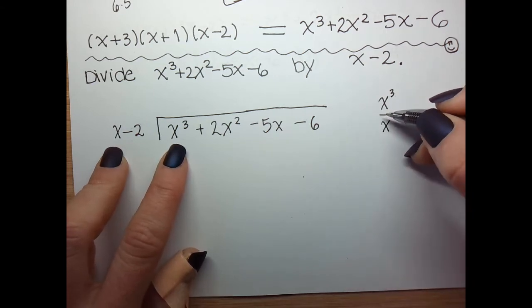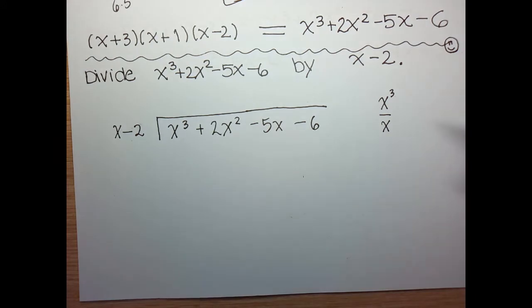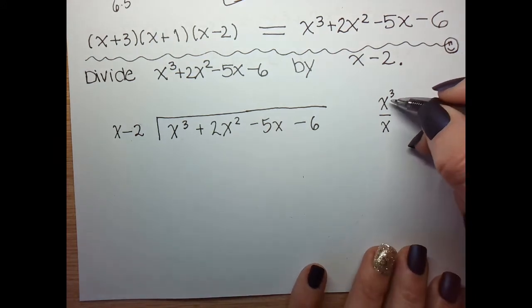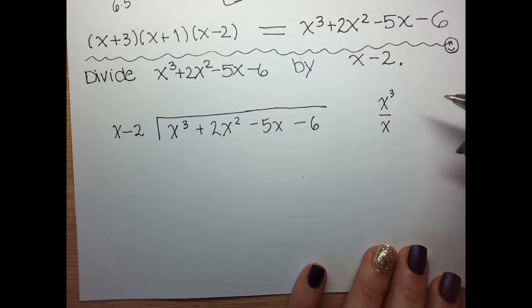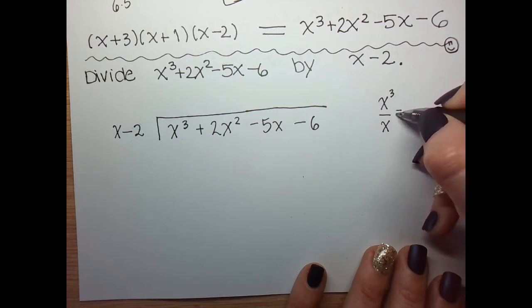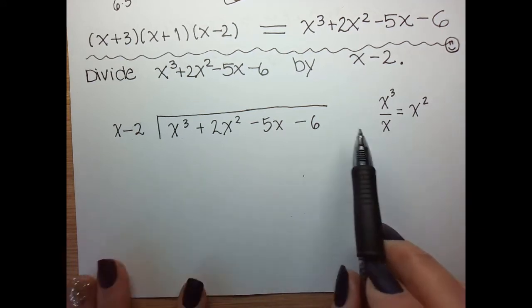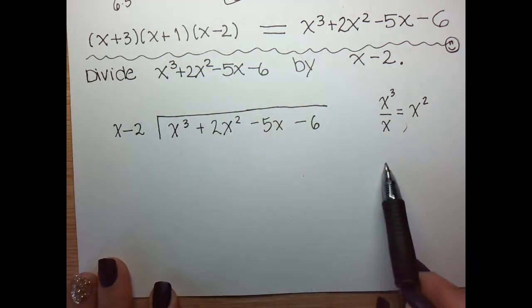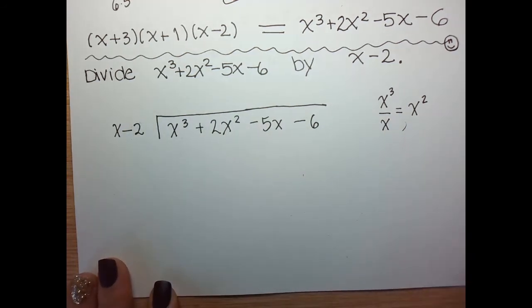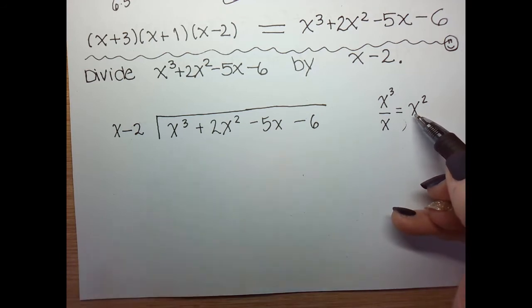This also ties us back all the way to lesson 1, properties of exponents. I hope we can all think of this as division or simplifying. What is x to the third over x? That's just x to the second. Good. Now, where do I write x to the second?